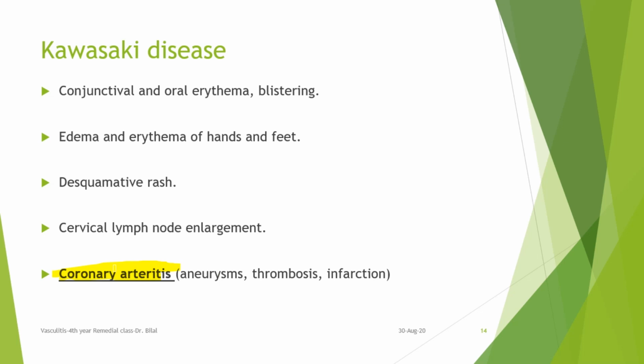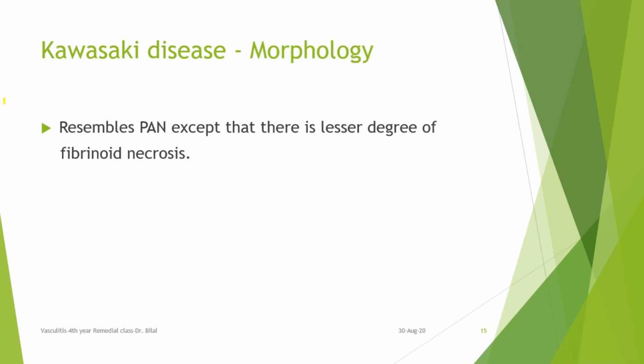So it's a very important feature: coronary arteritis leading to infarction in a very young child. It can clinically present as a desquamative rash, another important feature, and it can present as cervical lymph node enlargement as well.